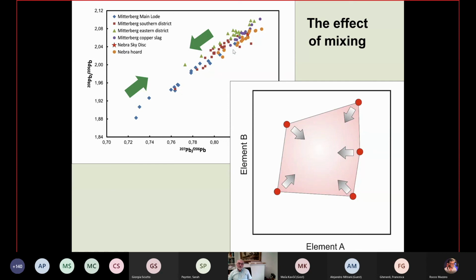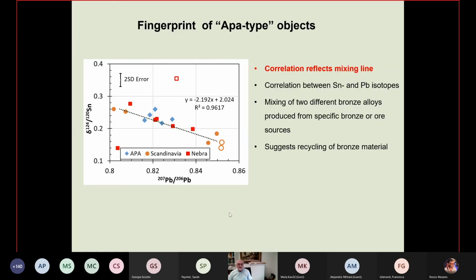And you could also see this correlation line as a mixing line, because if you mix, for instance, the composition here with the composition here, all the mixture should lie along a line. Now, if you have a multi-component mixing, then usually the provenance information is lost. But now we have a mixing line if we plot tin isotope ratios and lead isotope ratios. This means we have a mixture of copper and tin.